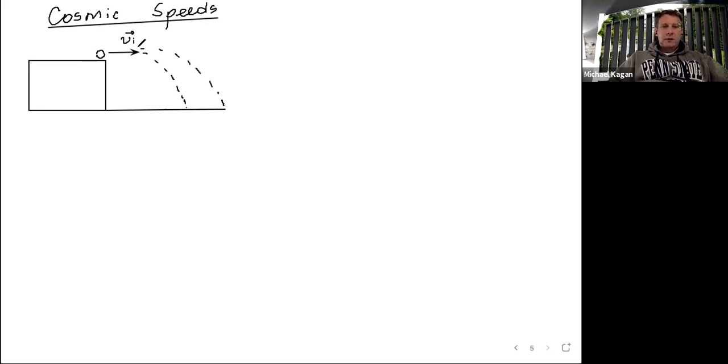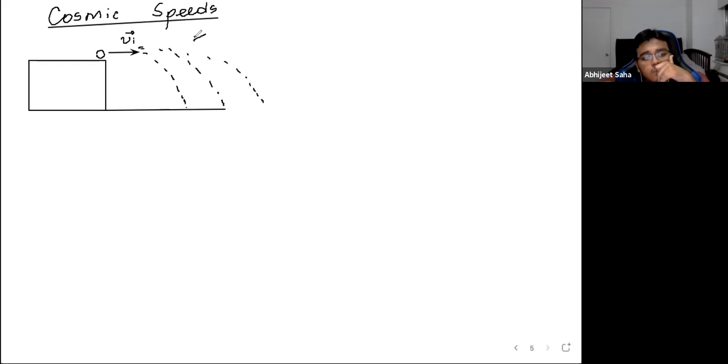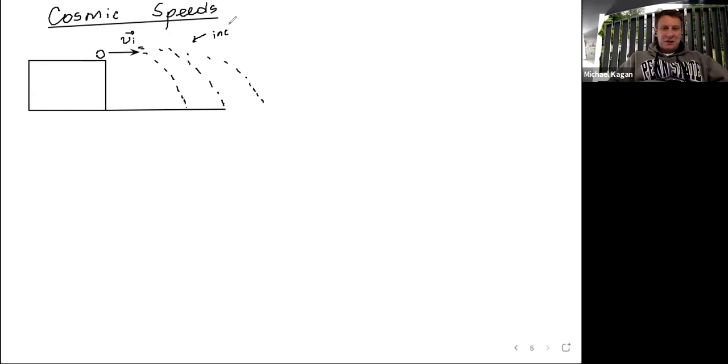What happens if you keep increasing the velocity? What can you no longer ignore? Okay, let's say we still ignore air resistance.